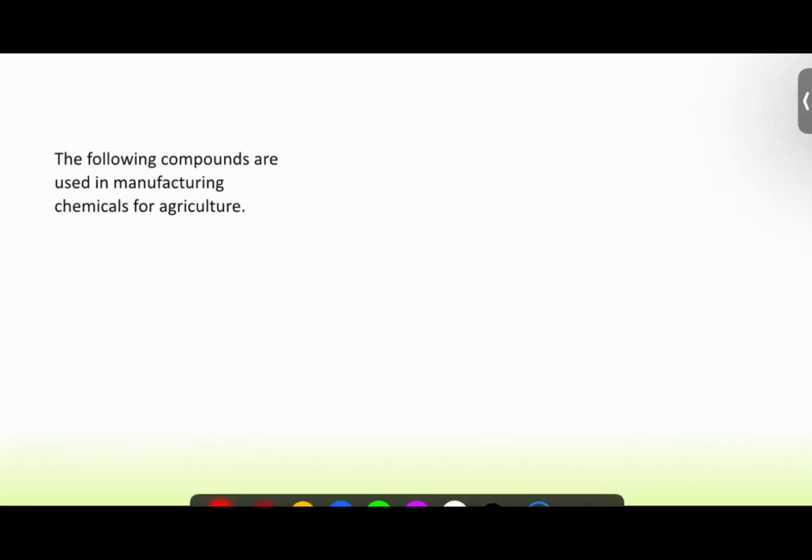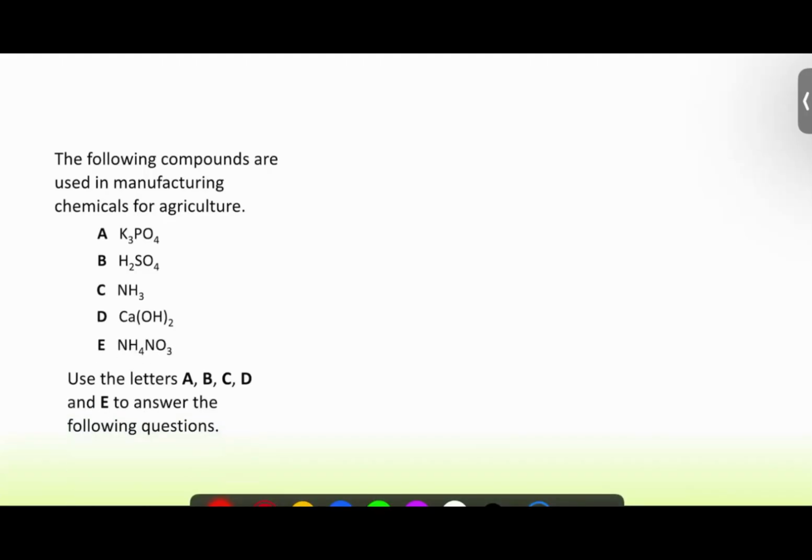The following compounds are used in manufacturing chemicals for agriculture. We have potassium phosphate, part B, part C, part D, and part E. Use the letters A, B, C, D, and E to answer the following question.